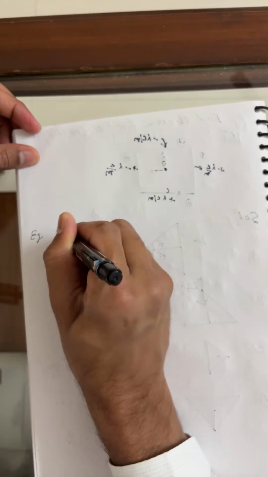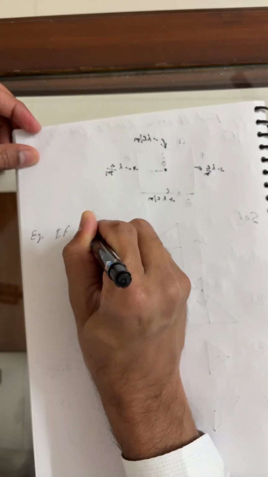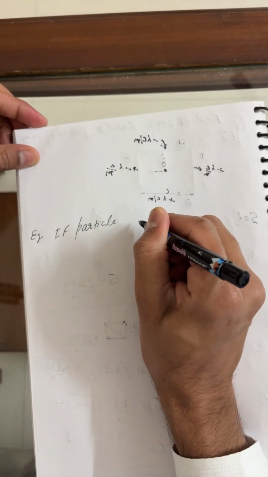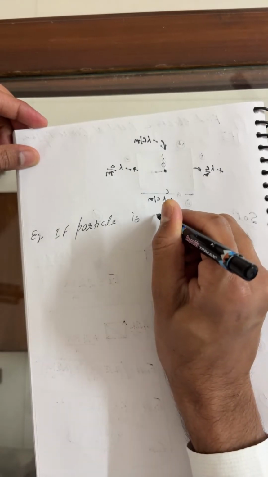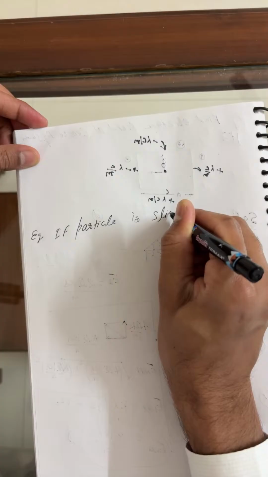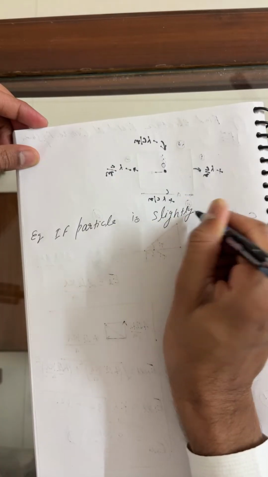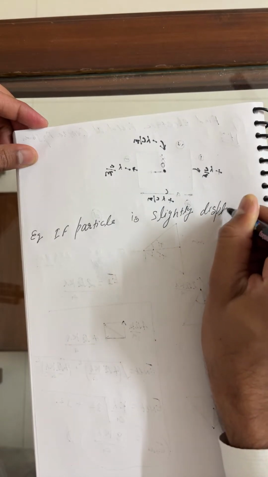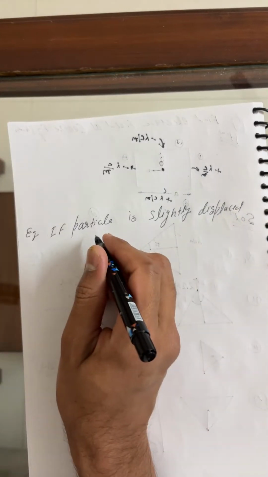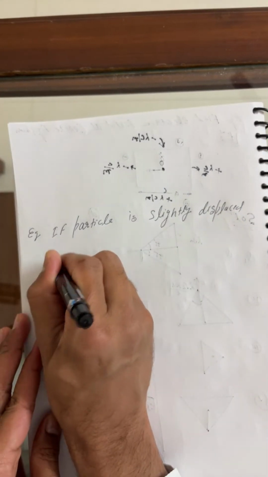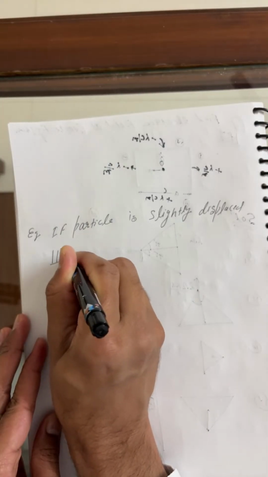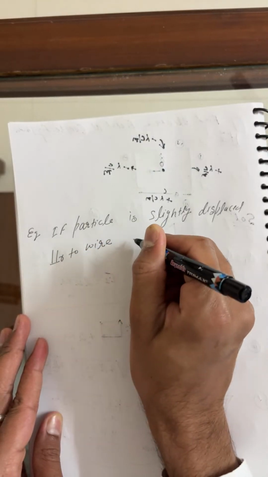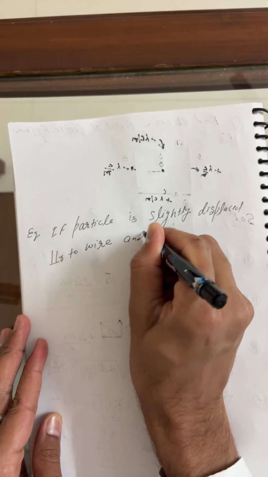Just note down here the statement of the question: if a particle is slightly displaced perpendicular to where? And released, then find out the time period of SHM.